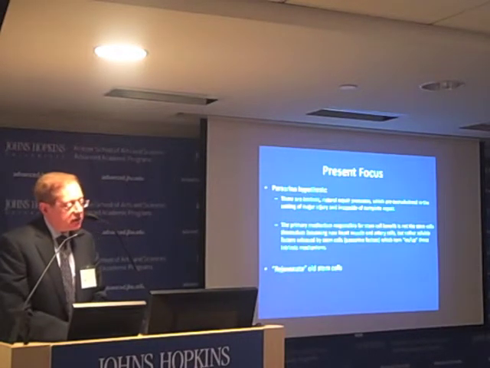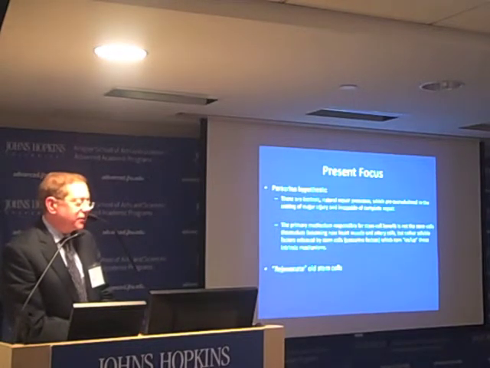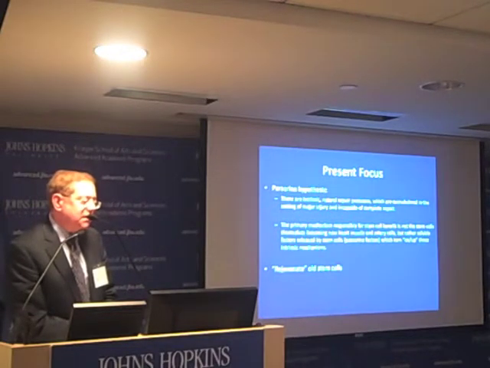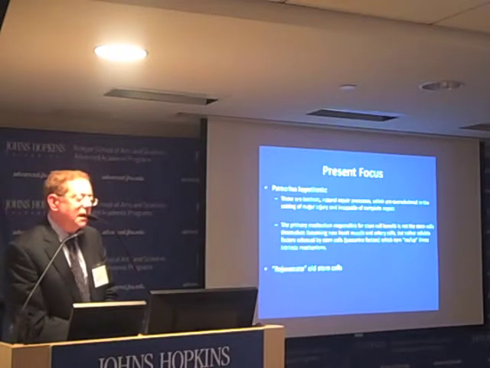So our present focus is directed to two areas. One is the paracrine hypothesis. And this hypothesis says that there are intrinsic natural repair processes in the heart, but they're overwhelmed in the setting of major injury, and they're incapable of complete repair.